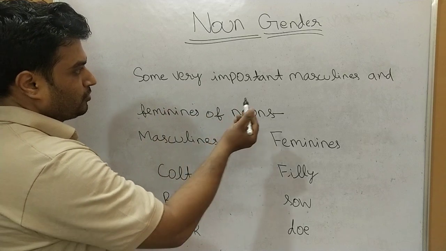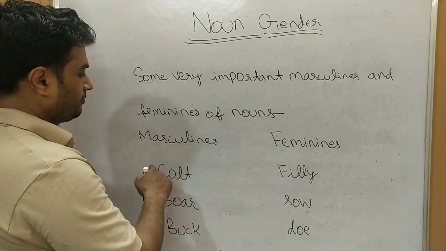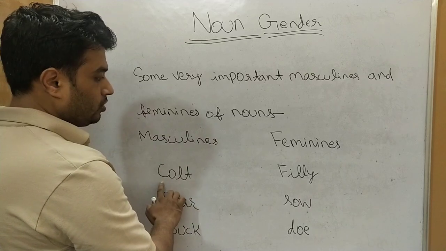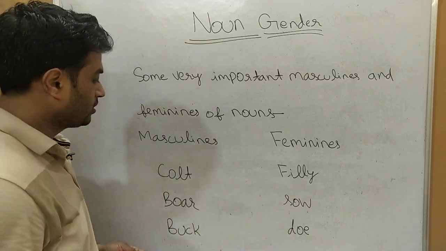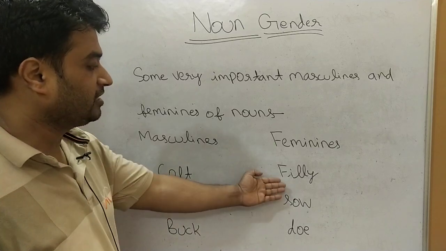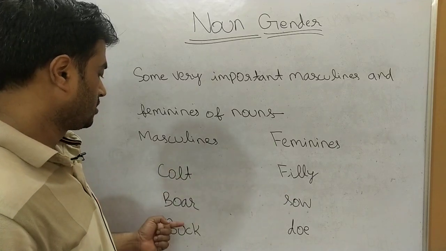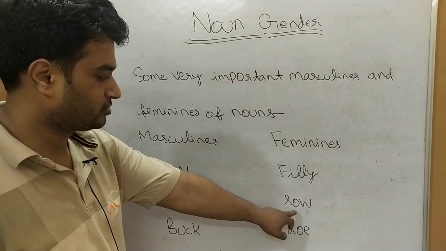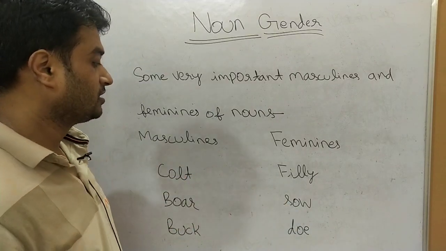So some very important masculines and feminines of nouns, with respect to competitive exams, are colt, filly. Colt is a young male horse and filly is a young female horse. Boar and sow. This is not pronounced as so, this is pronounced as sow.